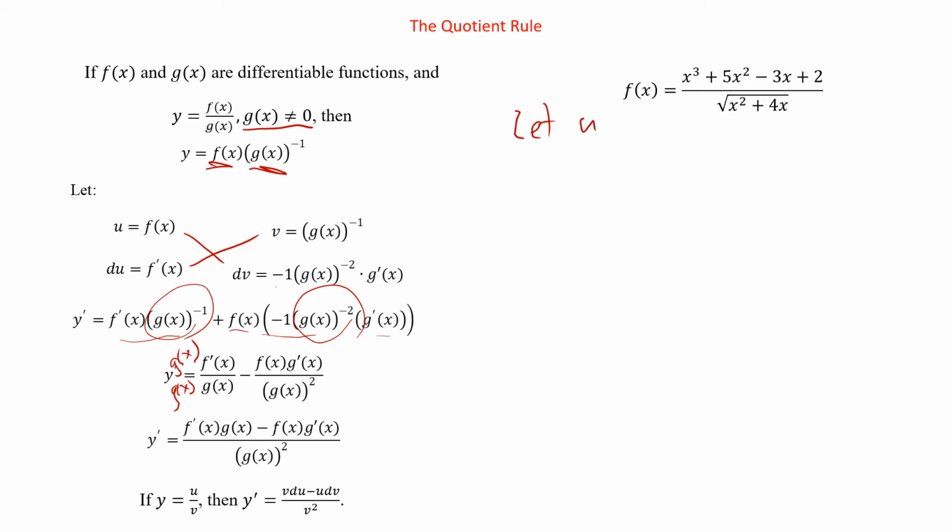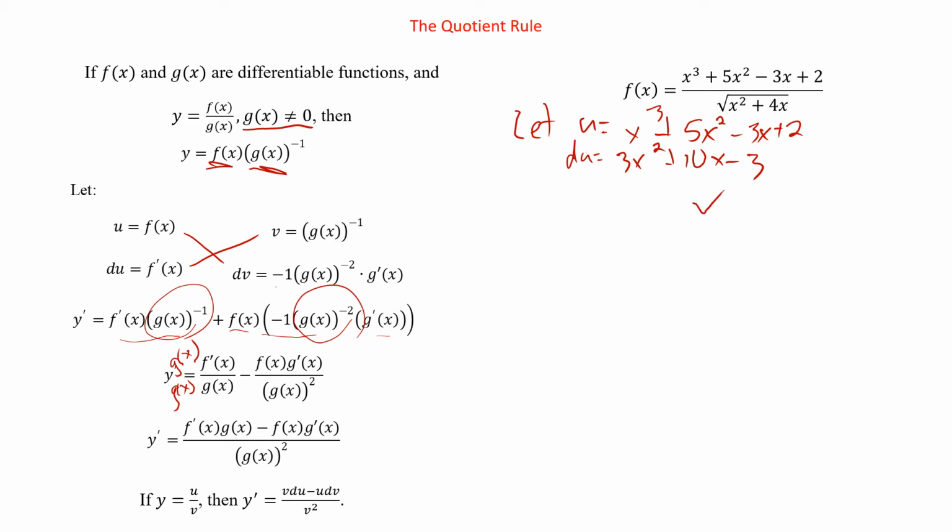We're going to let u equal the top, x cubed plus 5x squared minus 3x plus 2, which means that du equals 3x squared plus 10x minus 3.